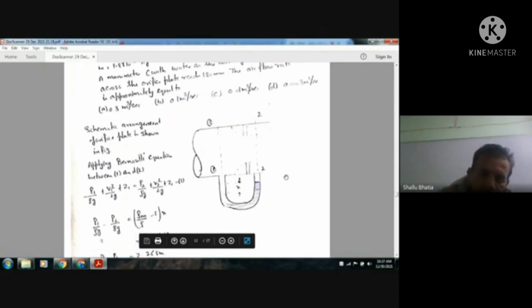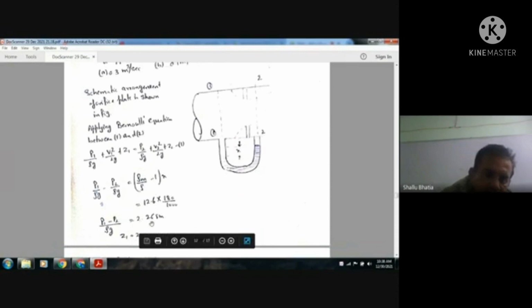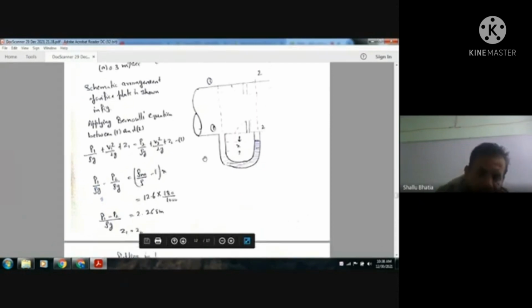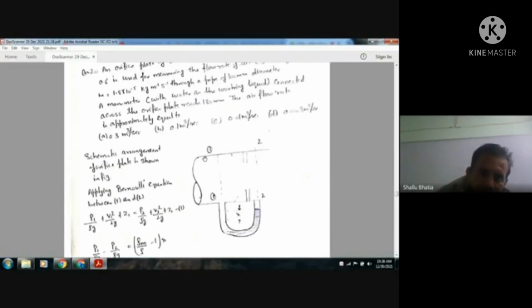Now the pressure difference is given by this manometer. Suppose rho m is the density of mercury and rho is the density of the fluid. The pressure head difference will be (rho m by rho minus 1) into x. So this will be 2.268 meter. Z1 is equal to Z2, and x is given as 180.